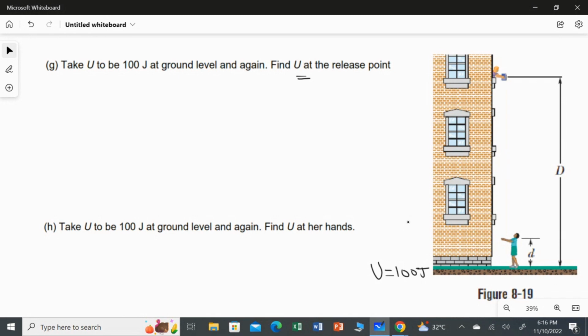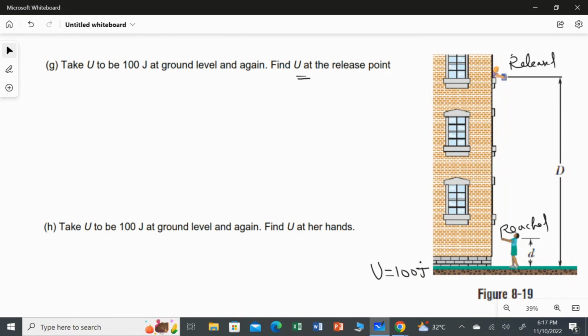Whenever you are going to calculate the value of the potential energy, by the time you have to add this value. Clear? So in the release point, what is the release point? This is the release point, am I right? This is the reached point.